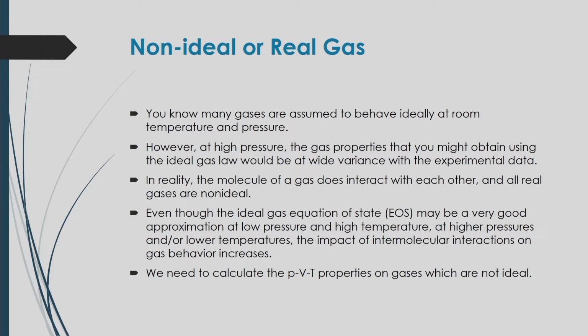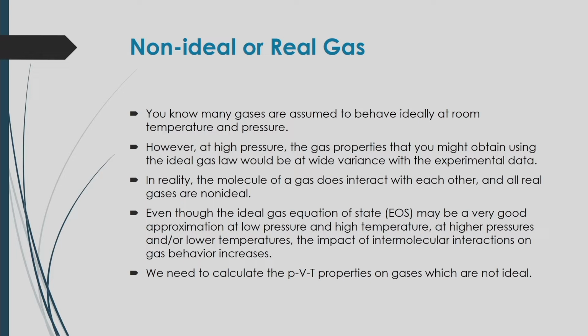However, at high pressure the gas properties you might obtain using the ideal gas law would be at wide variance with the experimental data. So at high pressure and temperature we do not have the properties of an ideal gas; the gas will behave differently from an ideal gas under those conditions.